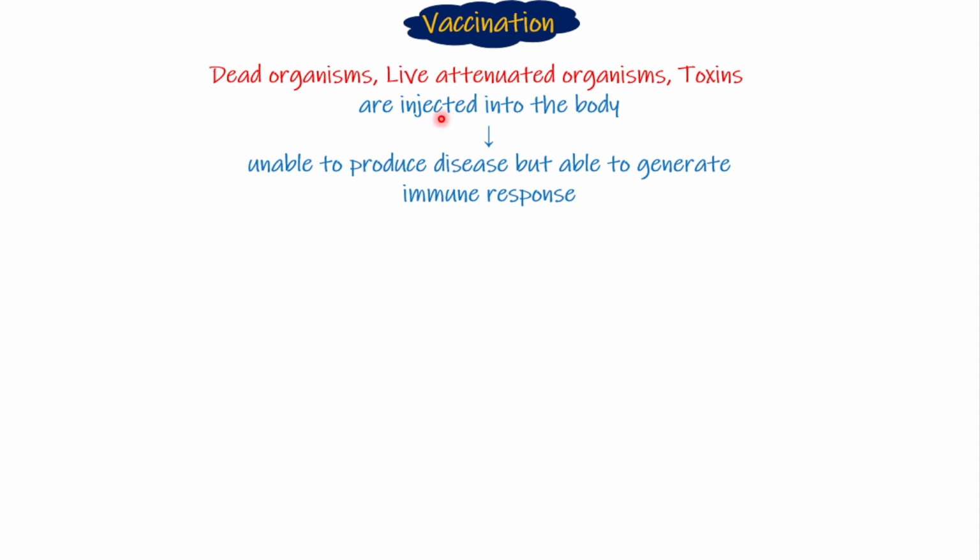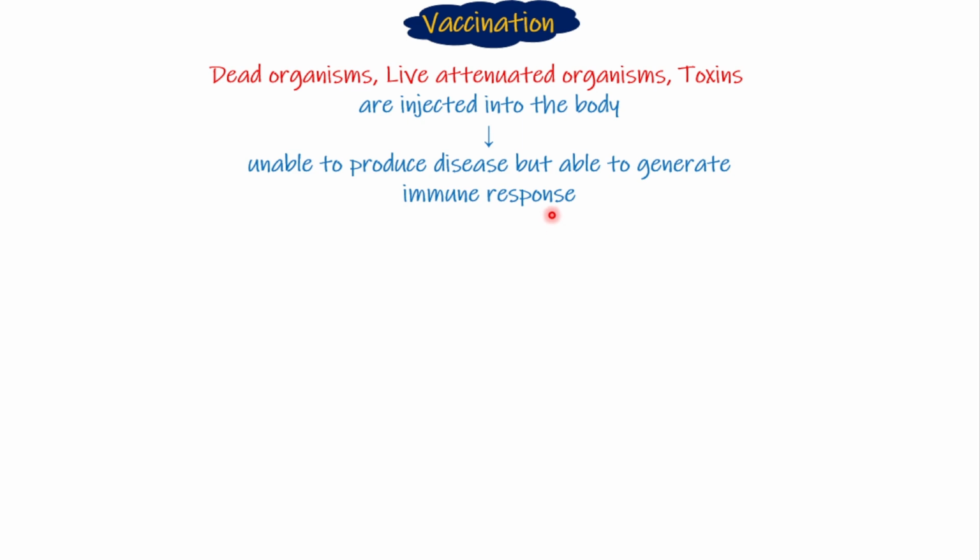So in vaccination, the body is injected with half-live organisms, dead organisms, or just some of the toxins of the foreign invaders. As they're half dead or attenuated, they're unable to produce the disease, but our immune system gets activated by them and they generate the immunogenic response.